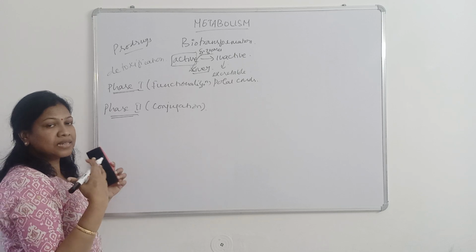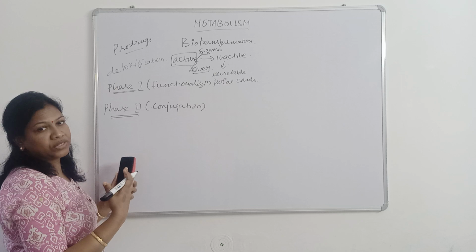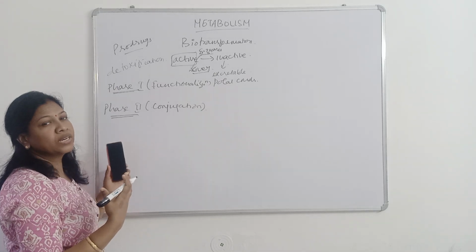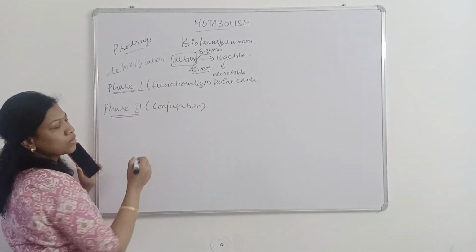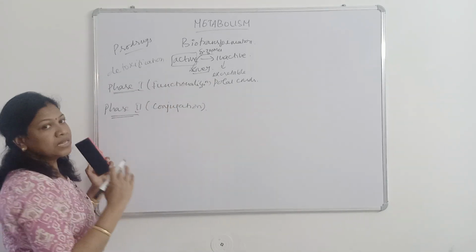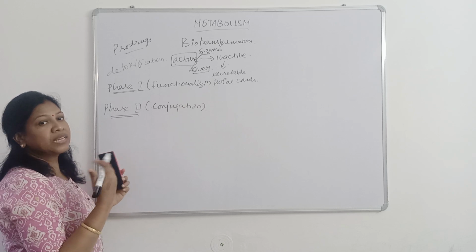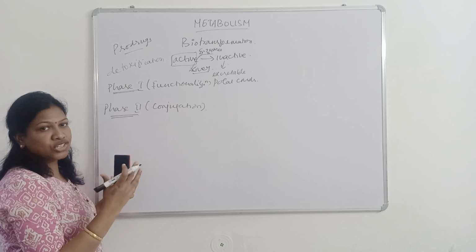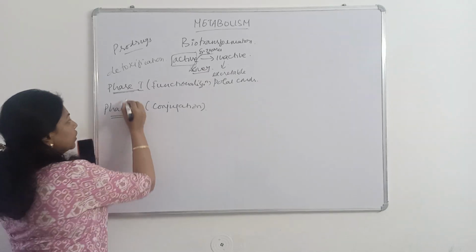So the liver has its own mechanism to convert the active form of the drug into a water soluble or easily eliminated form. In phase 1, known as functionalization, some functional groups will be added, or there will be modification of the functional groups to the polar group of the drug.